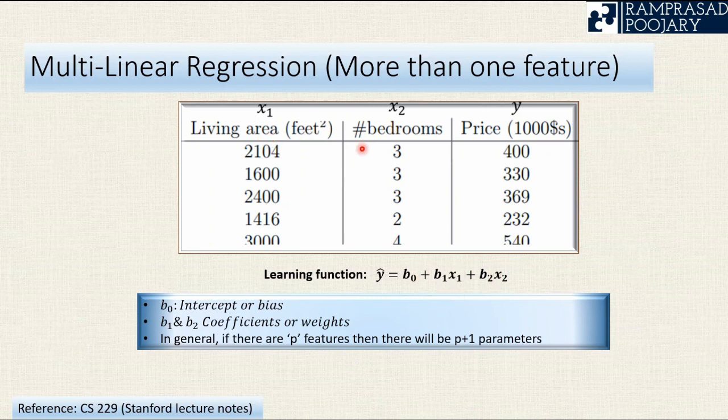There are two features, x1 and x2, so there will be two coefficients, plus an intercept. So put together there will be three parameters. So the number of parameters will be equal to the number of features plus 1. This is about multilinear regression, or multiple linear regression.